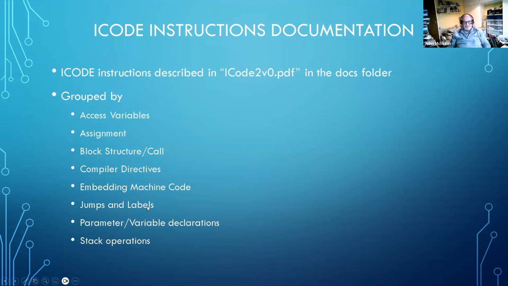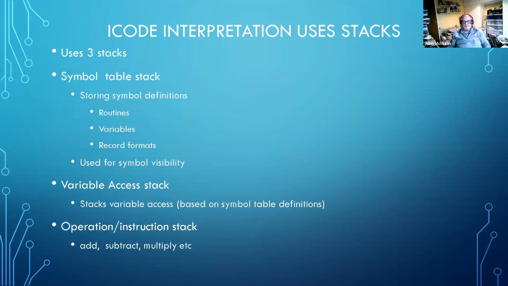Of course, jumps and labels to say, right, okay, let's move around the structure of the source code. You've then got parameter and struct variable declarations, and then stack operations. And we'll show some of these in a bit more detail.